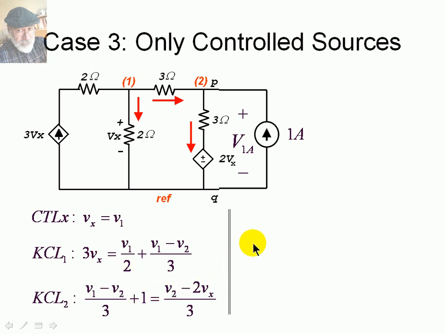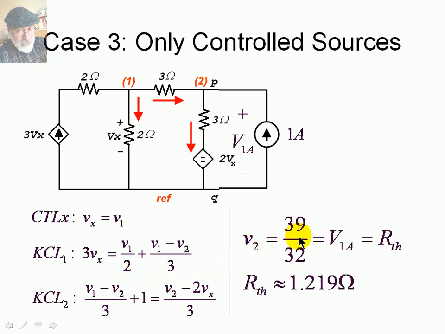We solve them and we get V2, 39/32 volts. That is also V1A, but that is also the value of our Thevenin: 1.219 ohms. And Vthevenin is 0. A network that has only control sources is equivalent to a resistor, no voltage source.